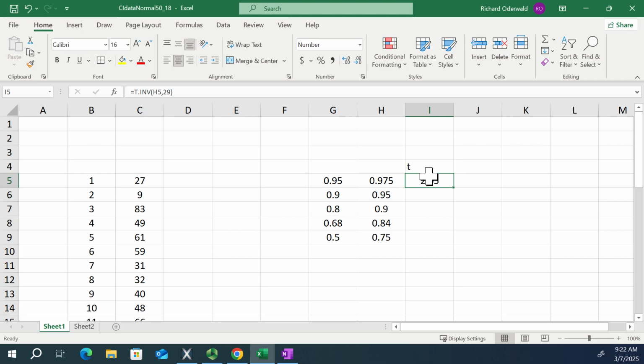As I come in from the outside, what happens to the t value? Get bigger or smaller? For the empirical rule, 95% is 2. What's 68%? 1. So as I copy these things down, they're going to get smaller.